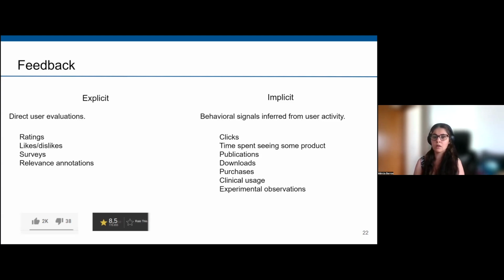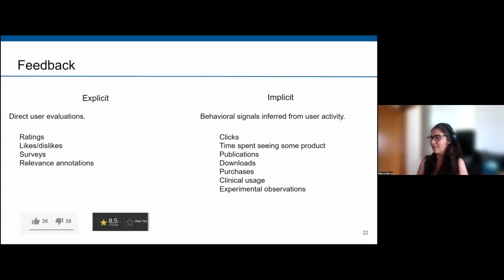For example, using the number of clicks, time spent seeing some product, number of publications, number of downloads, purchases, clinical usage, and experimental observation. A very, very known downside of implicit feedback is we don't actually have negative ratings. So for implicit data sets, we need to use specific methods to deal with this problem.